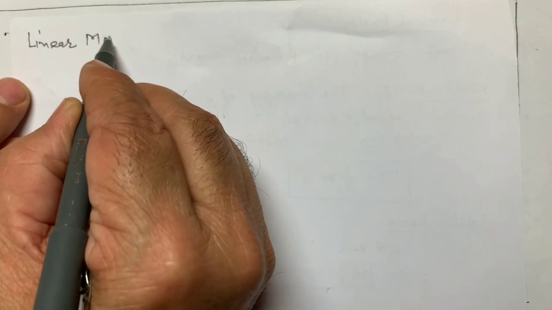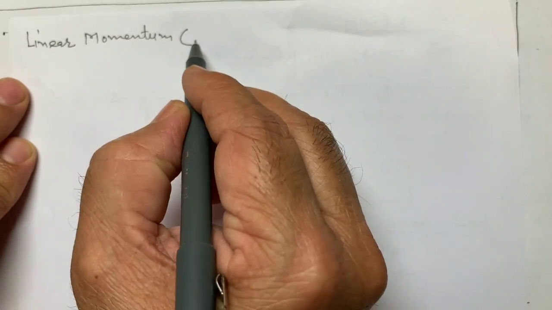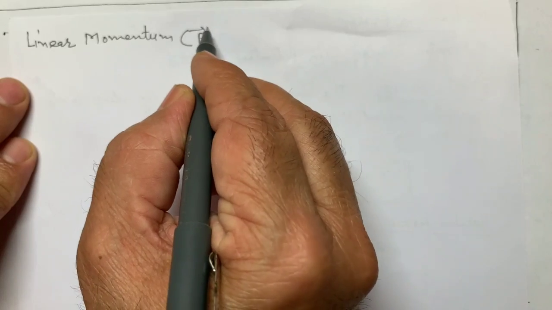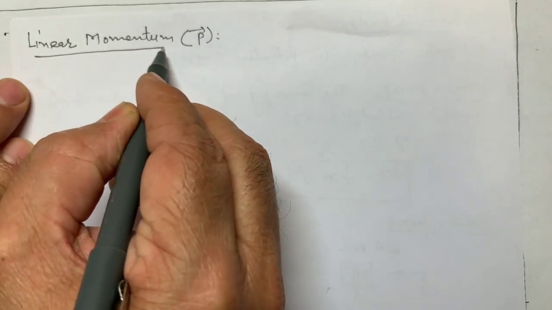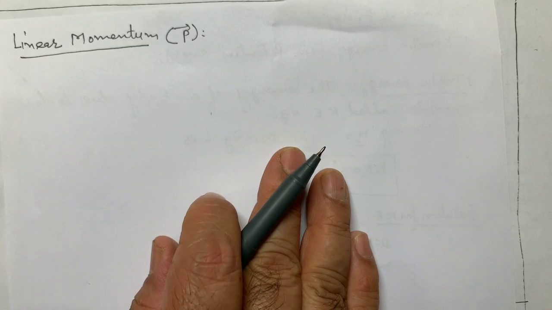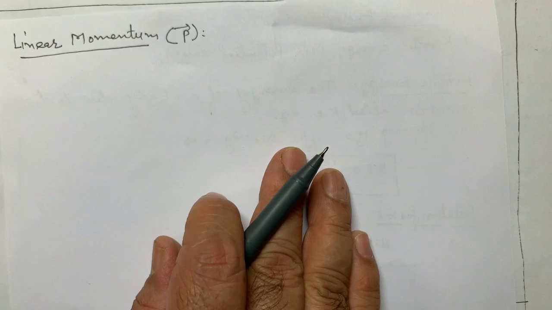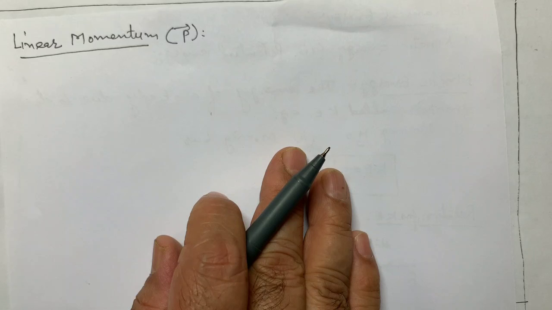Now you know one more term that is known as linear momentum. No doubt it is a vector quantity denoted by P. Sometimes we say that the momentum of a cricket ball is large.